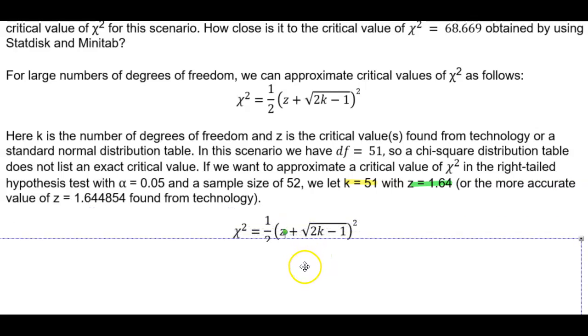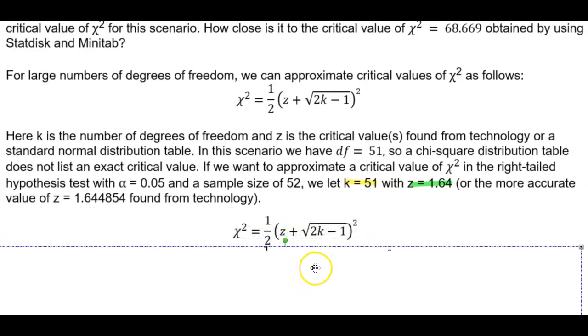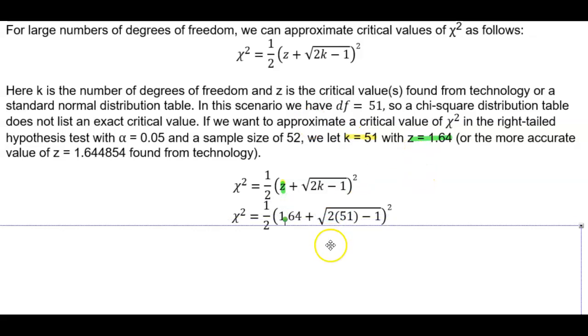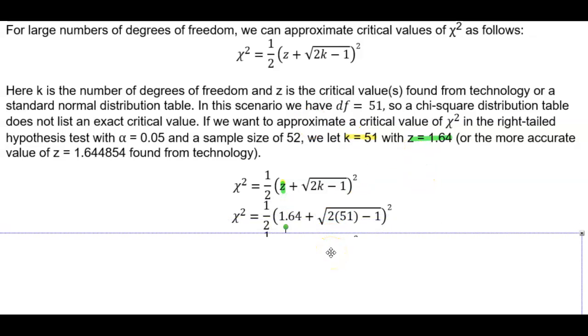Looking at this formula, we're going to let Z represent our value of Z, which is 1.64. So we have 1/2 times (1.64 plus the square root of 2 times the value of K, which is 51, minus 1) squared.